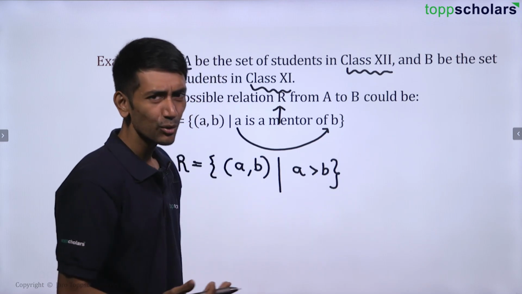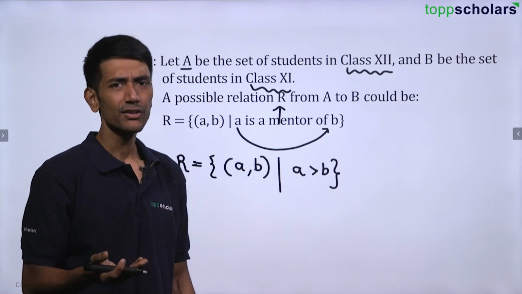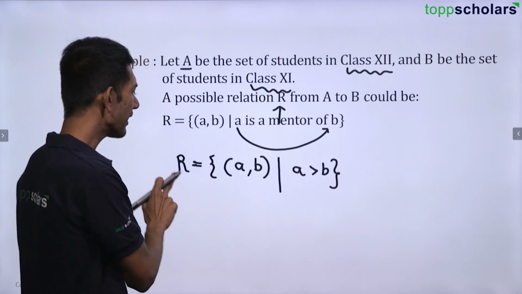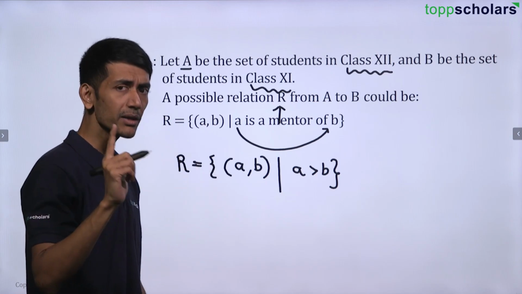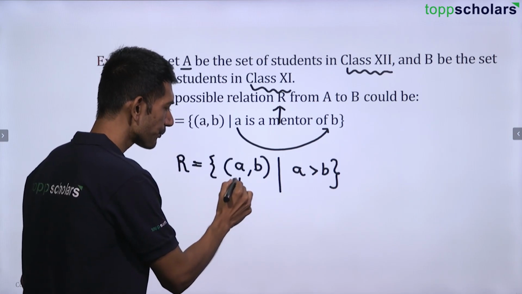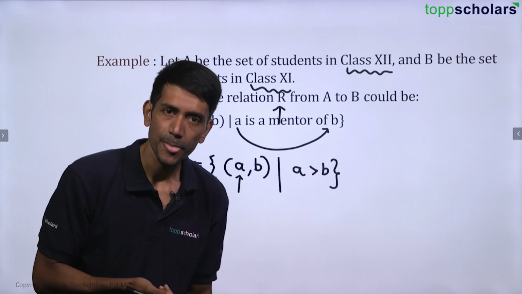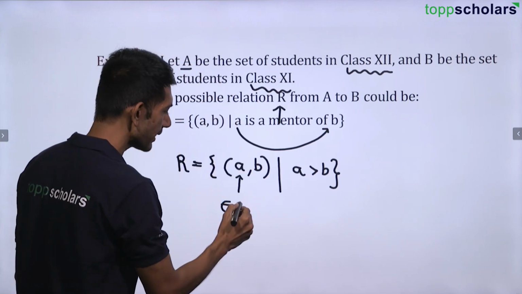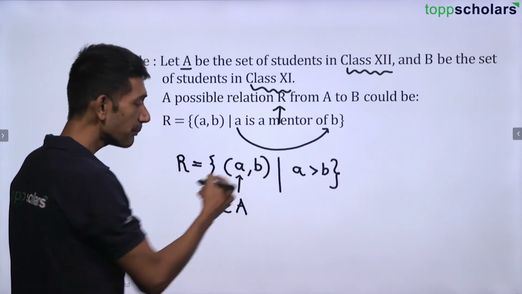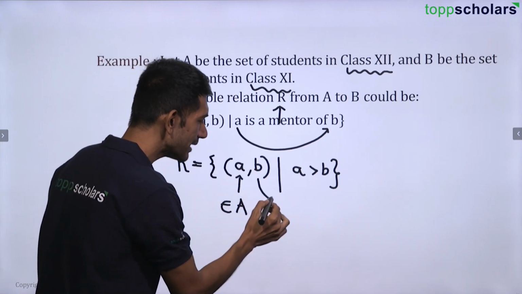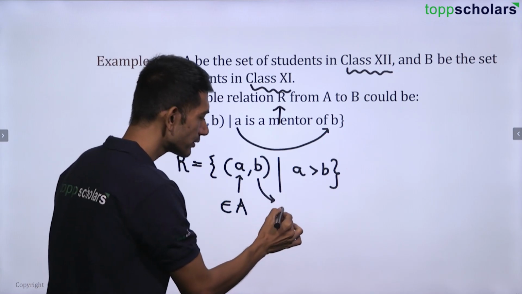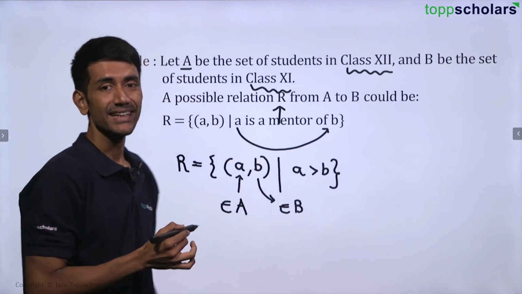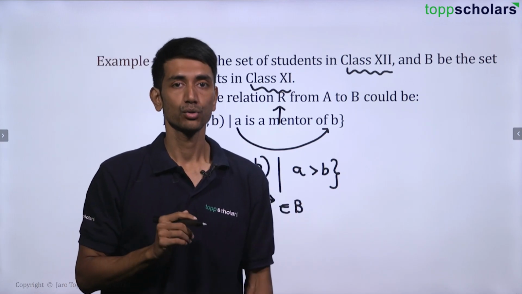This is just an example to make you understand. There can be ample relations here. So that's how we write down R is the relation. And one more very important thing here: this a is an element which belongs to the first set, that is capital A, and b is also an element which belongs to the other set, that is B. So this is what we are supposed to remember.